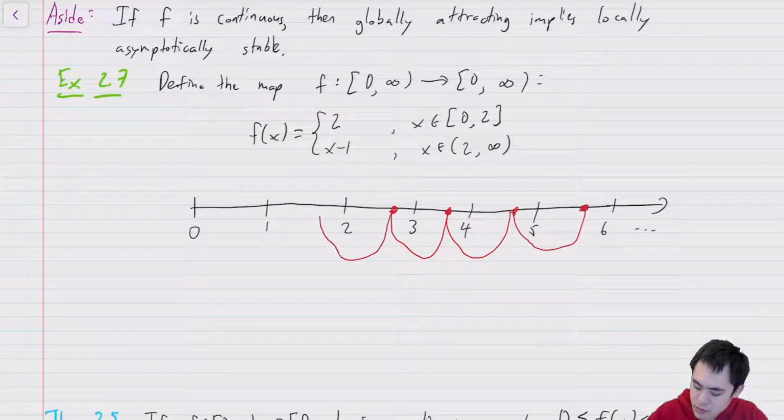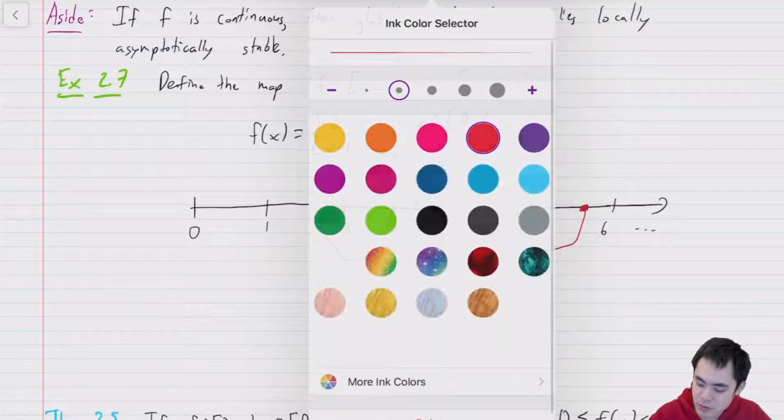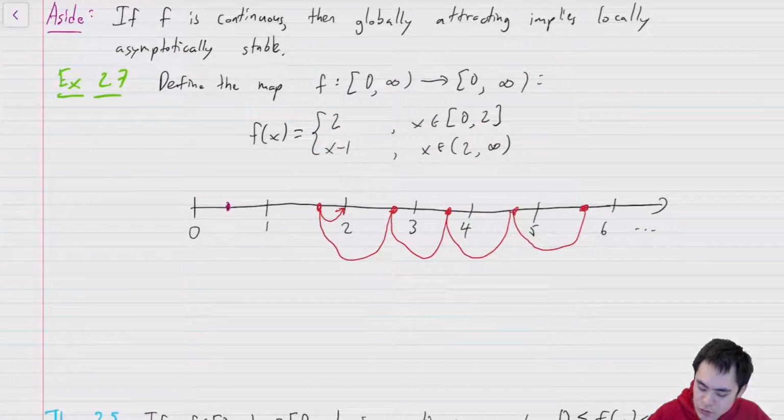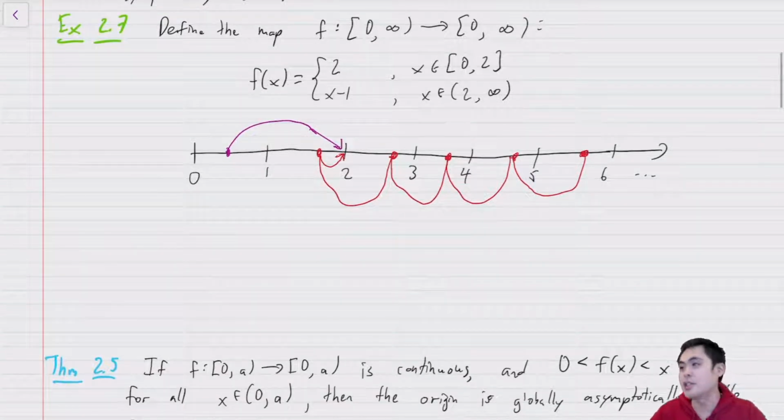You're going to get less than 2, and then you're going to jump back here, all the way to 2. And it's clear that no matter where you start, if you start less than 2, you're just going to jump directly to 2 in a single step. And if you start greater than it, then you're going to go back down 1 by 1 until you reach it. Regardless, you obviously are going to limit to 2.